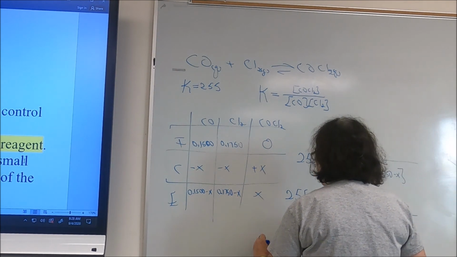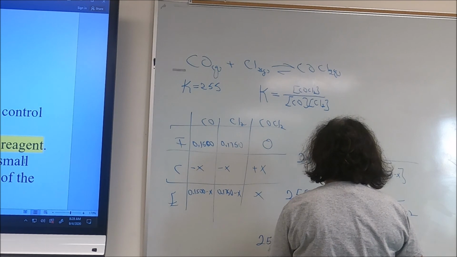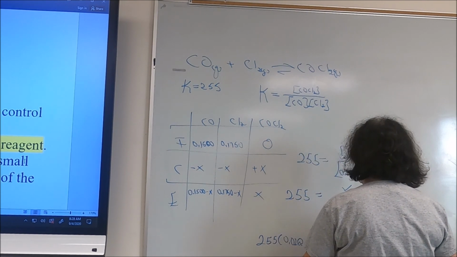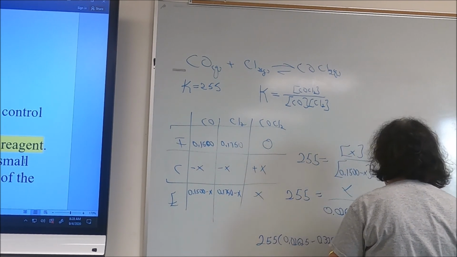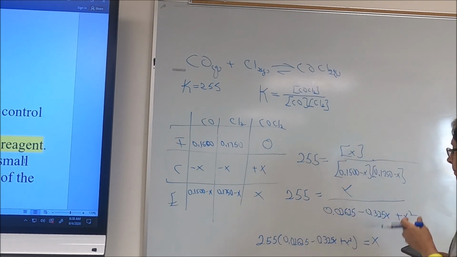Okay, so then we're going to go 255 times 0.02625 minus 0.325x plus x squared equals x.